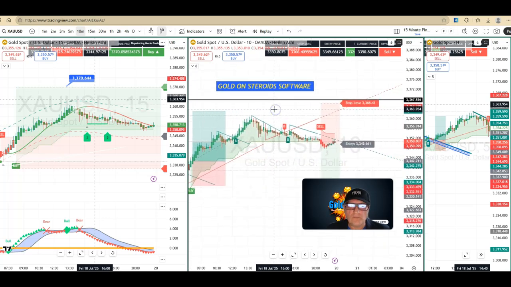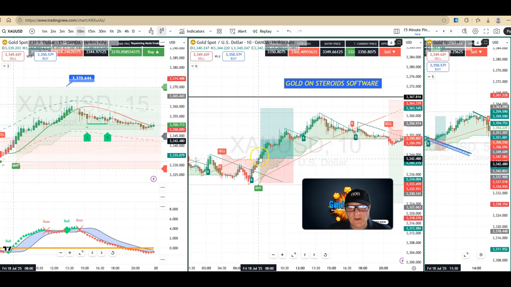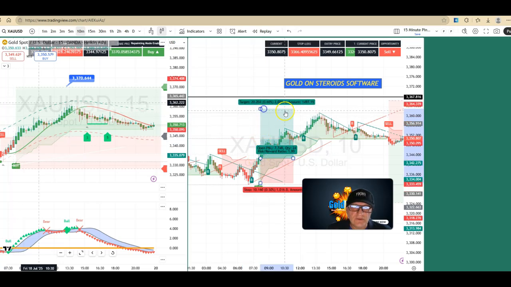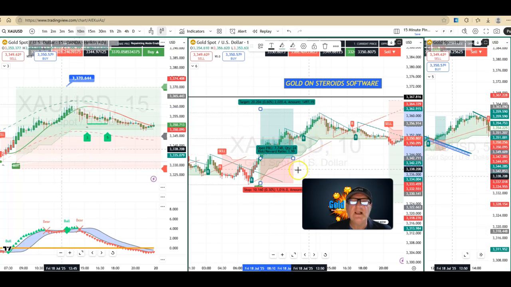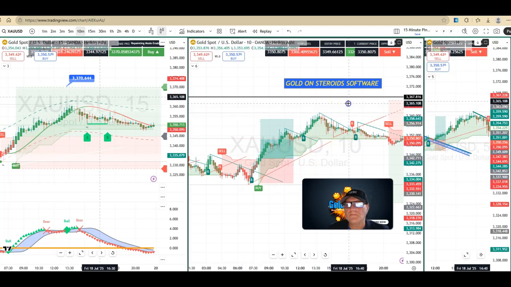However, if it doesn't get to target, in this instance, if you went in early here with a 2 to 1 or 1.5, then of course you need to know that your exit strategy is as soon as the price moves below the 50, you are out. And so you bank that money, 160, 170 pips.